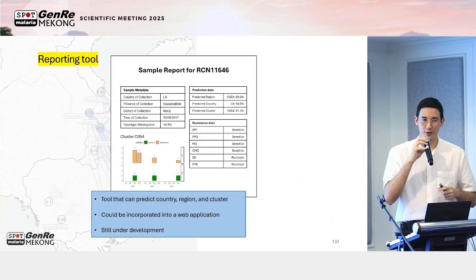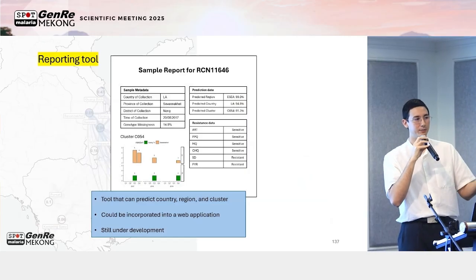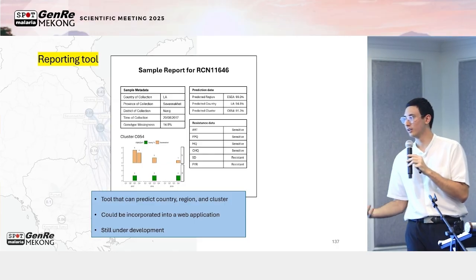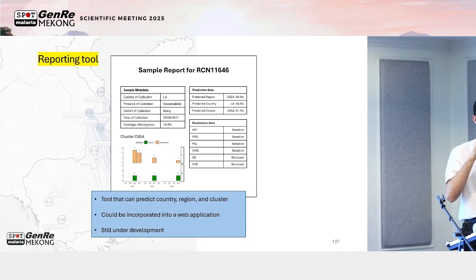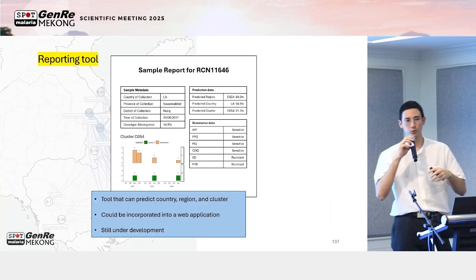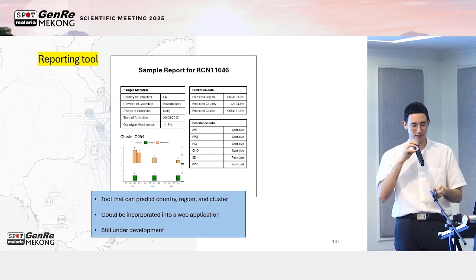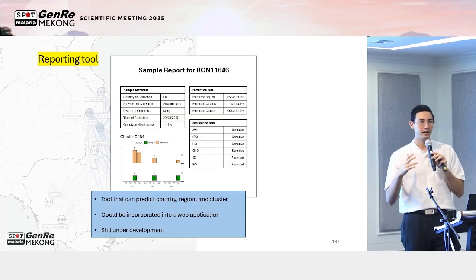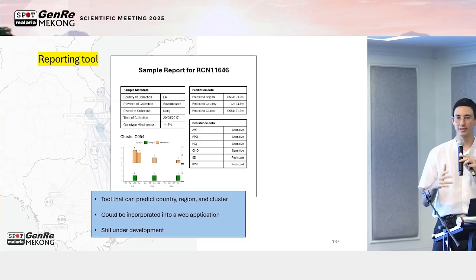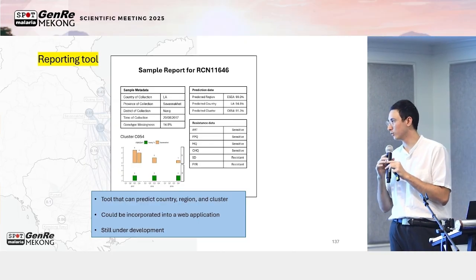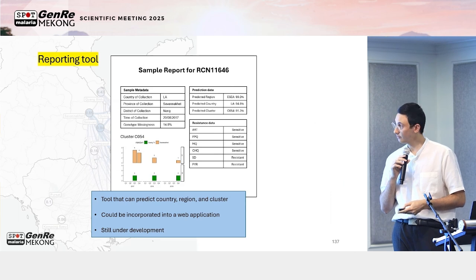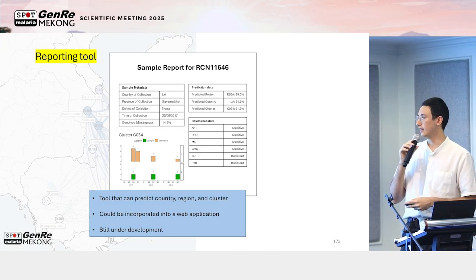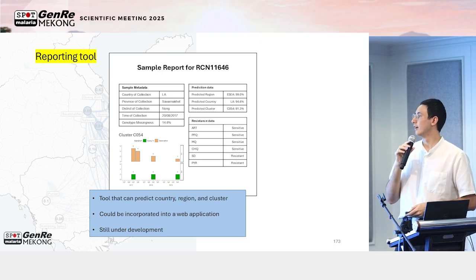So how do we integrate this into NMCP workflows, or how do we make this interactive and accessible? One of the things that we thought of is to develop a reporting tool that NMCPs can use to look at a sample of interest and generate a sample report such as this one, where it would tell you the metadata of the sample, so where it was collected, the date of collection, and the missingness of the genotypes.